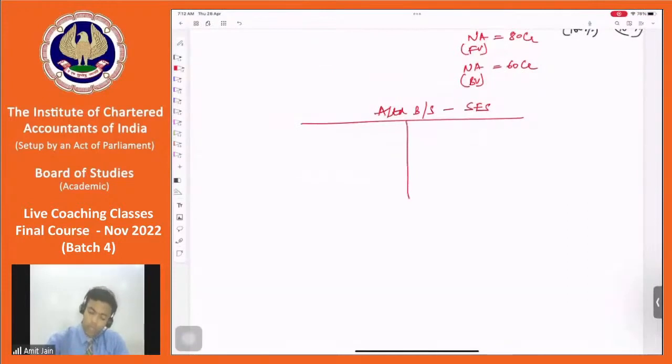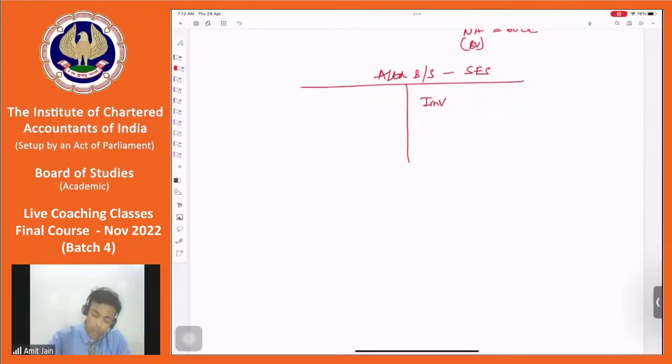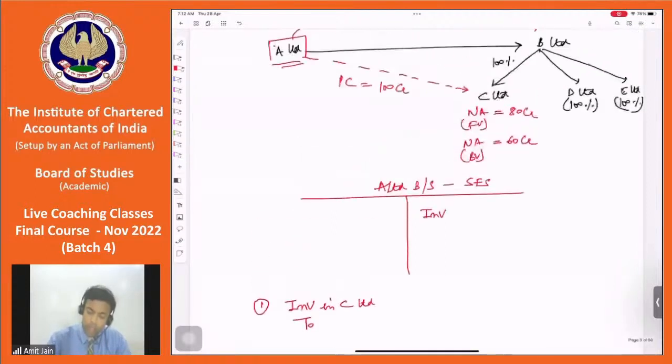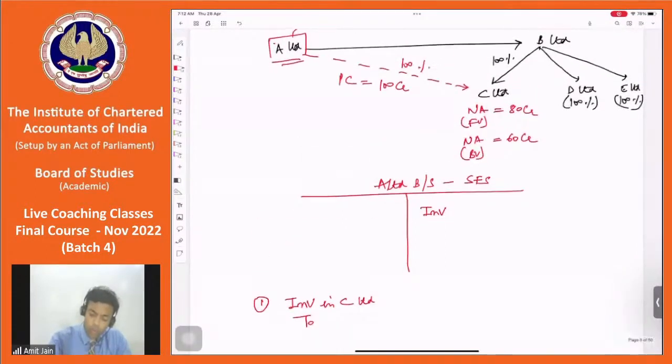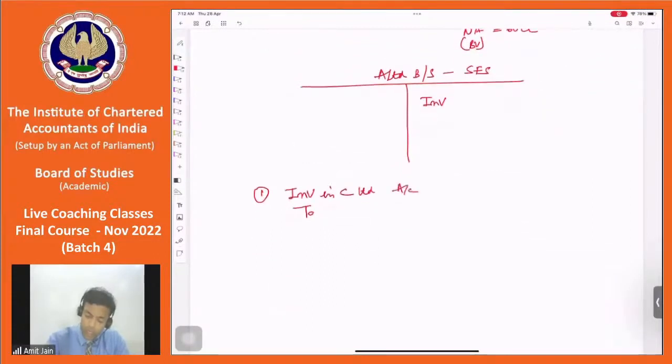In the standalone, A will recognize investment. What is the entry? Investment in C Limited account debit, as A has acquired 100% control, to bank 100 crores.